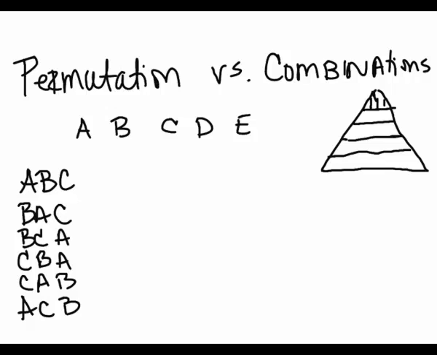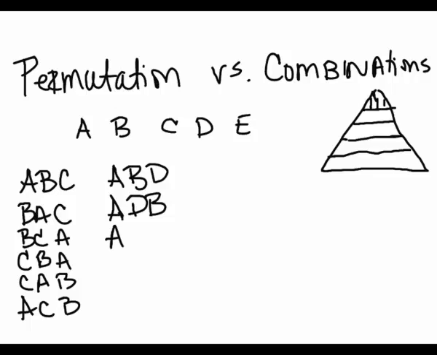So if I was like, well, give me another combination, another combination could be A, B, D. That's another combination. And then I can make more permutations of that because I can just start switching up the order.